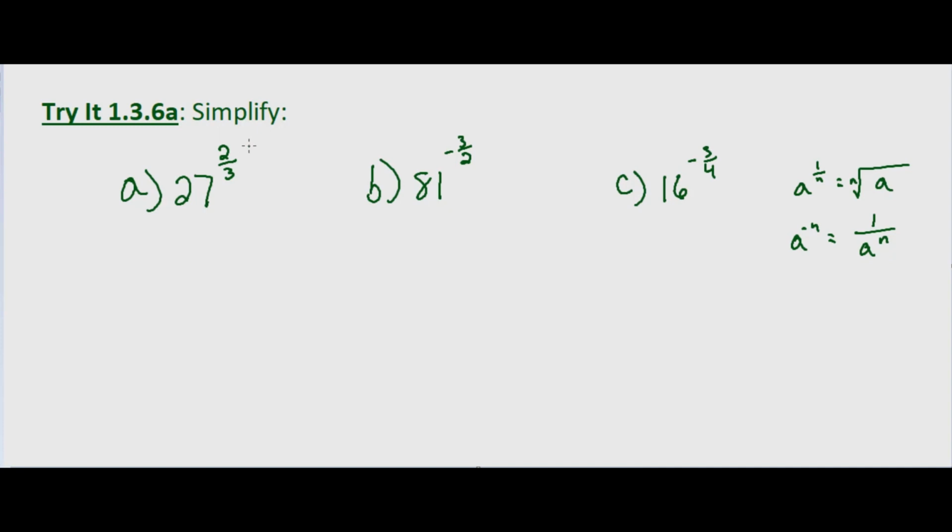So let's go ahead and write this as a radical expression. The denominator of the rational exponent is going to be the root. So we know we're going to be taking the cube root of 27 squared.